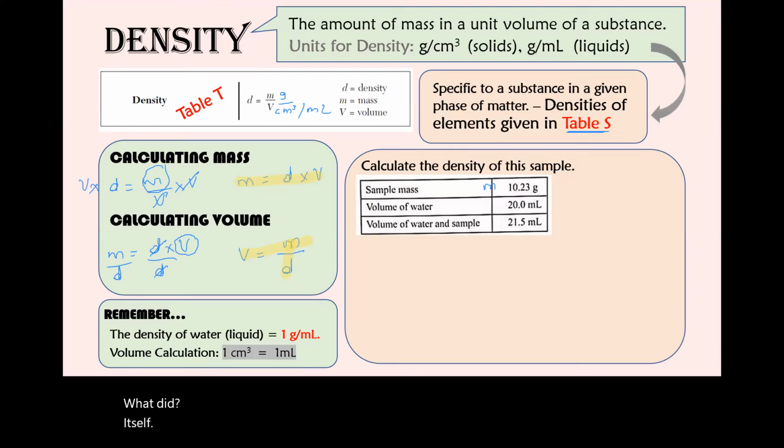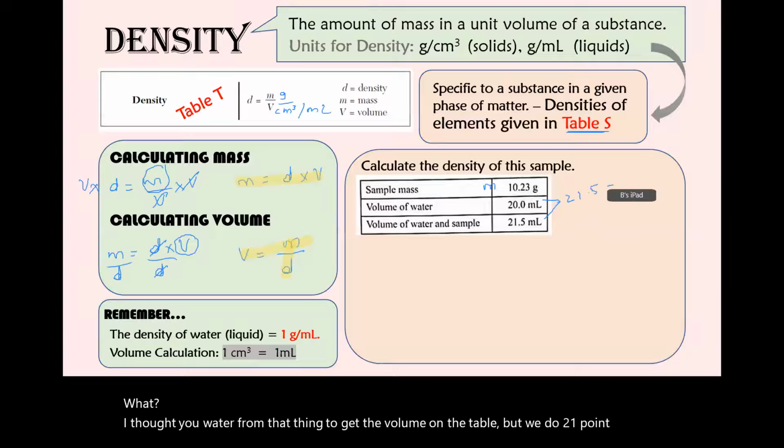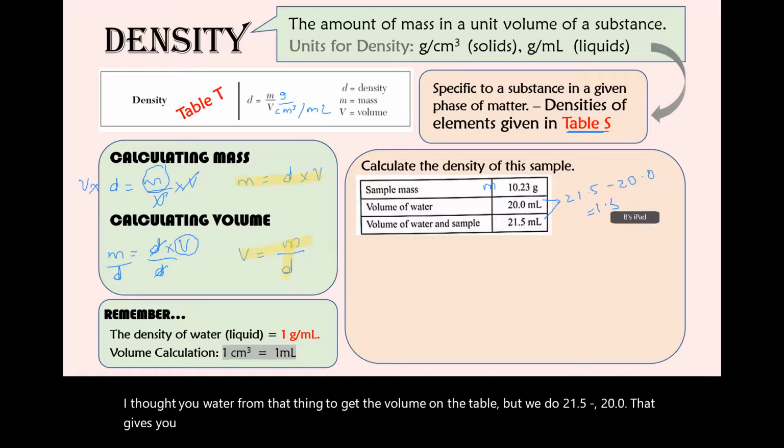So what you're going to have to do to find the volume of the sample is take the volume of water and sample and subtract the volume of water from that to get the volume of the sample. So we do 21.5 minus 20.0. That gives you 1.5 milliliters.